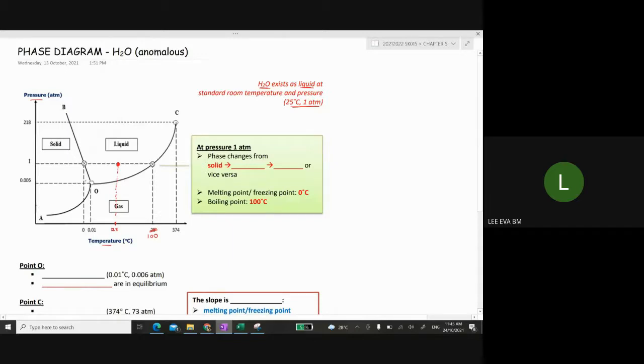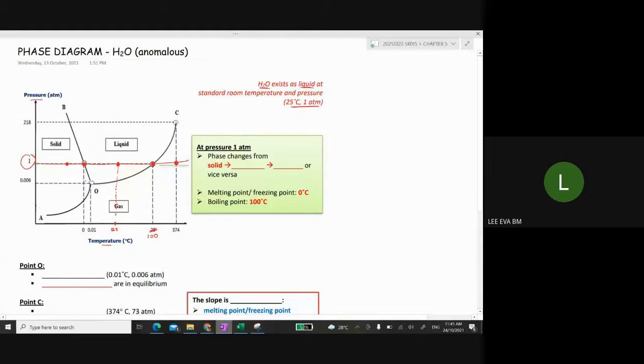If you look at this line, focus on the pressure of 1 atm. Along the line over here, you pass through three of these phases, starting from solid, passing the boundary OB, then going into the liquid phase, then passing the boundary OC, and going into the gas phase.